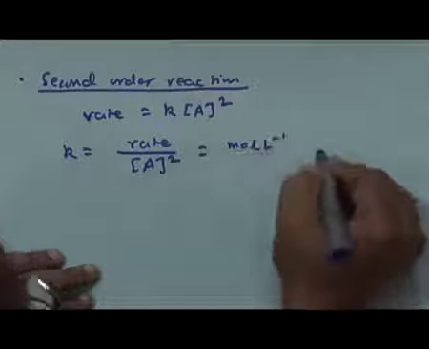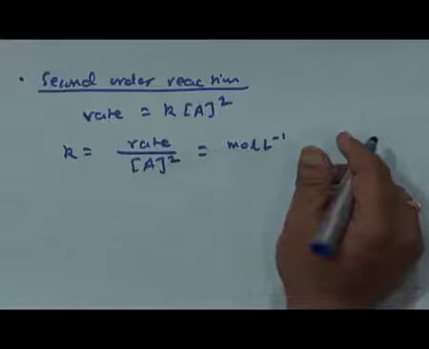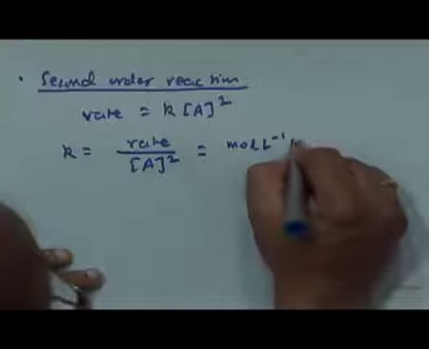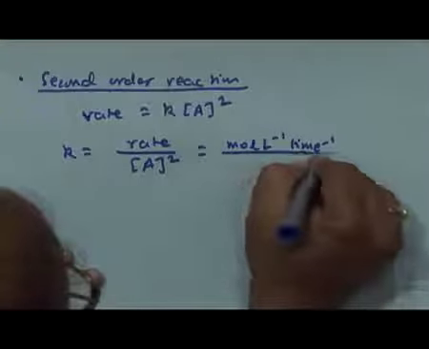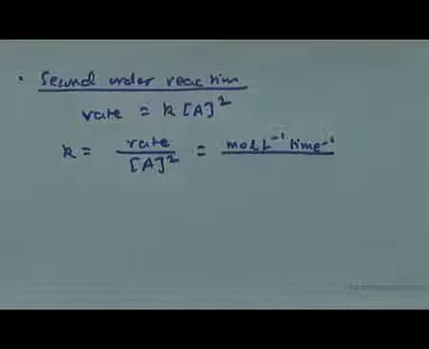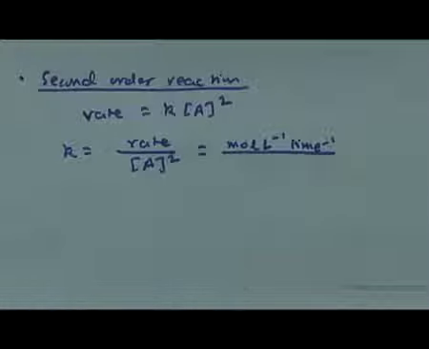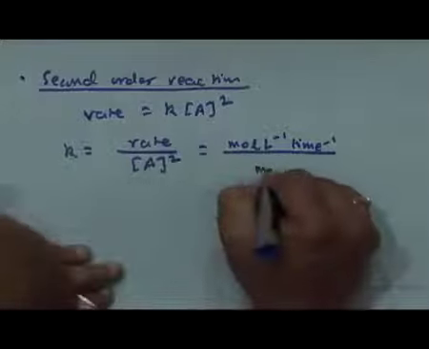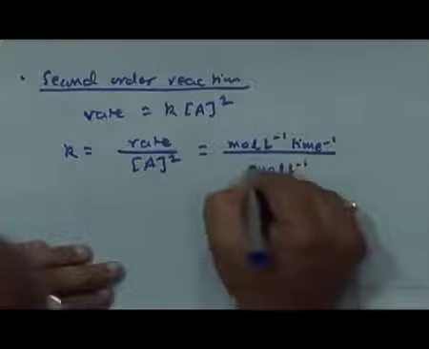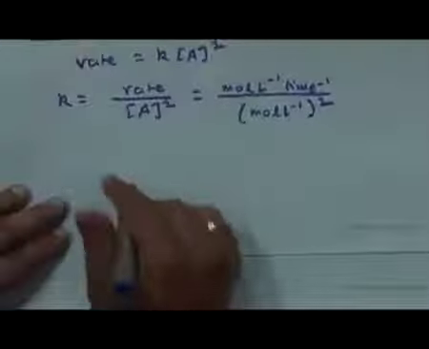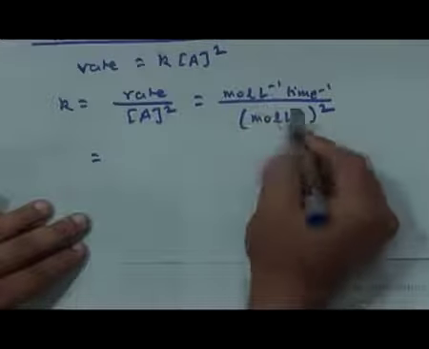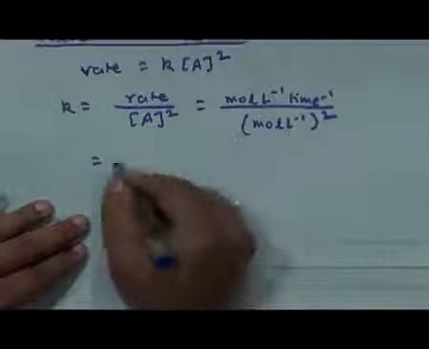Moles liter inverse, concentration being expressed in molar units or moles per liter, then time inverse, over what do we have? We have the concentration of A raised to the power 2, hence we would be having moles liter inverse raised to the power 2, and thus one of these would cancel out, right. So, this will go on top.